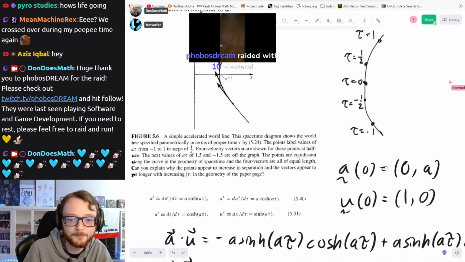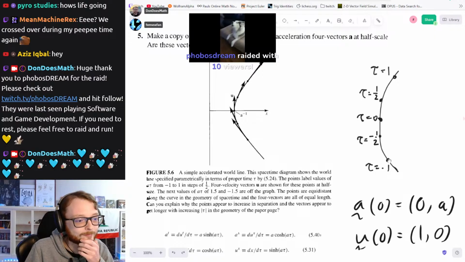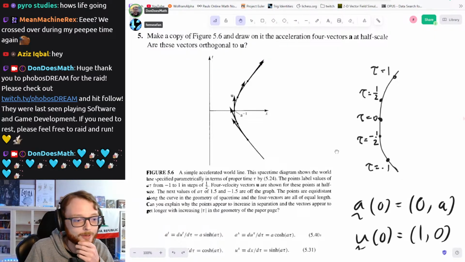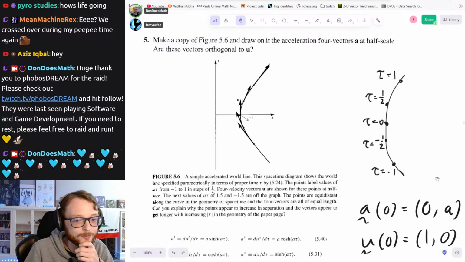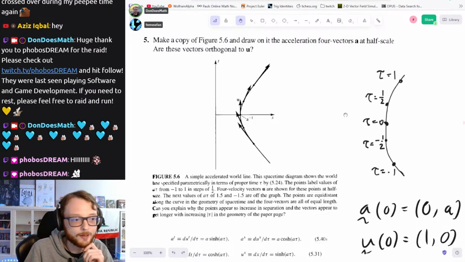Phobos. Hey, Phobos. Thank you for the raid. Good job on the code roast. I couldn't see all of it, but I hope the rest of it went well. For anyone who's just joining us, Penbox and I are talking about general relativity. I mean, this is a reading group that's building up to general relativity. We're currently learning about special relativity on the way to that.